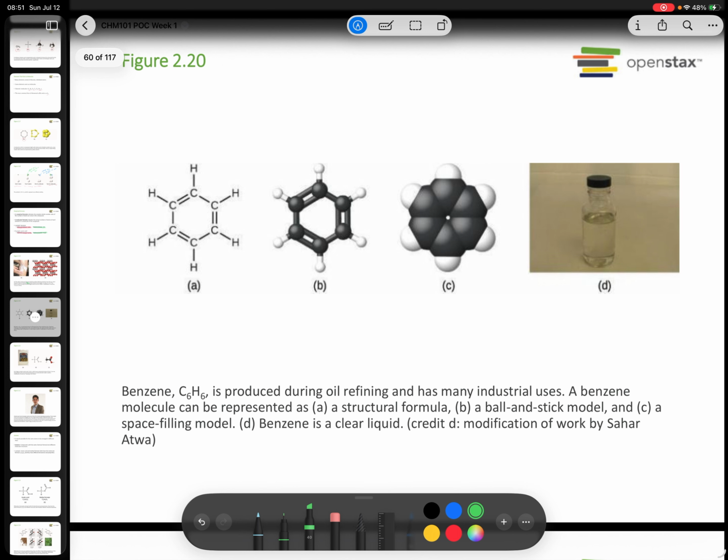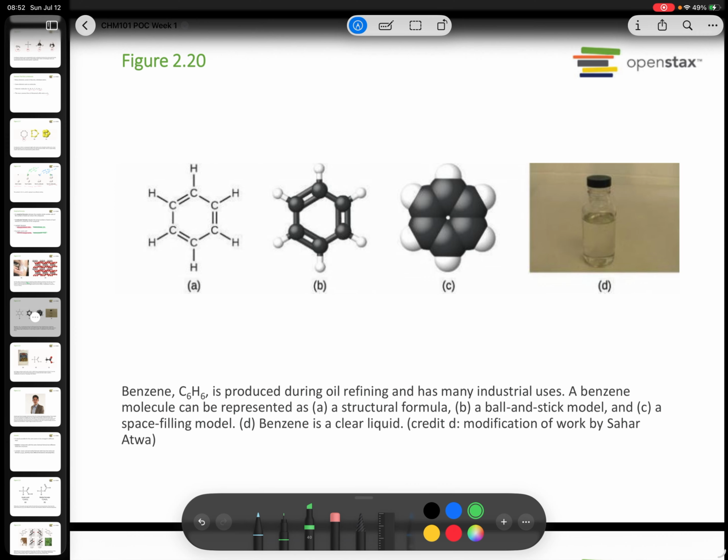Next. Back to benzene. Earlier, what was its molecular formula? C6H6. And its empirical formula is CH. The actual molecule contains 6 carbon atoms and 6 hydrogen atoms.